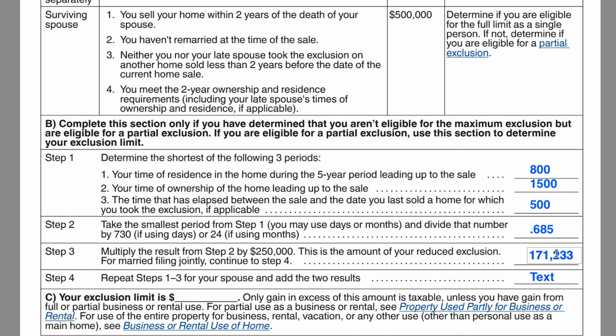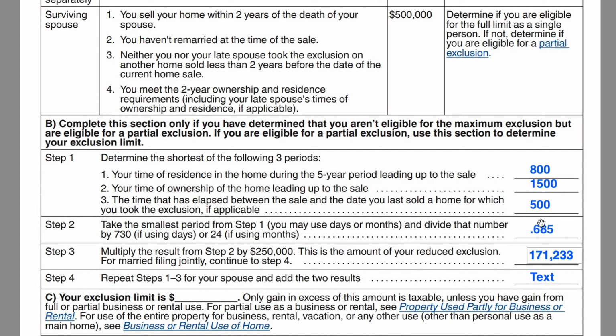So good news. If you're a married couple filing jointly, you wouldn't multiply this by 2 automatically unless you know that your spouse meets the exact same criteria. So if you and your spouse are operating as a unit, you both lived in the home for the same amount of time, you both own the home for the same amount of time, and you both went the same amount of time between home sales, then you could multiply this by 2.